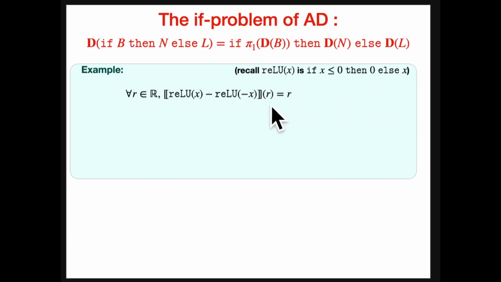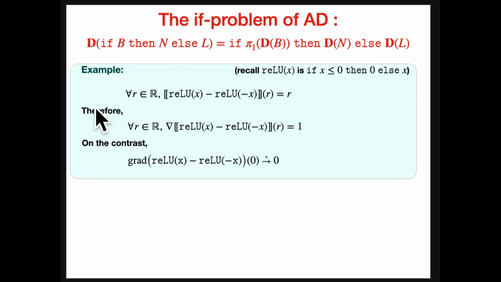Now if you consider this expression, ReLU x minus ReLU minus x, you can check that it computes, in a silly way, the identity on the whole domain. So this means that its derivative, that is the gradient of this unary function, should be the constant function 1.